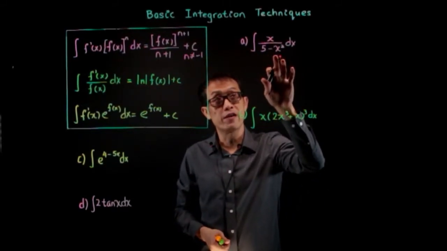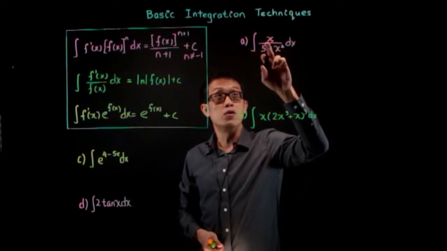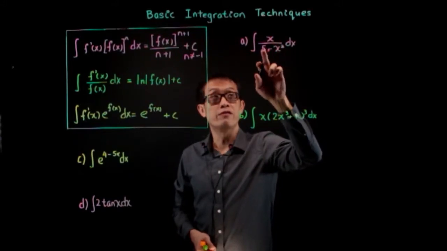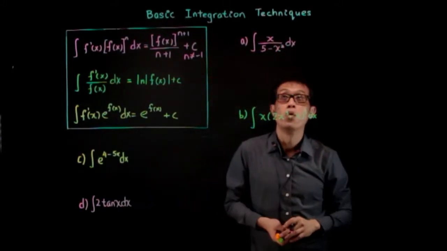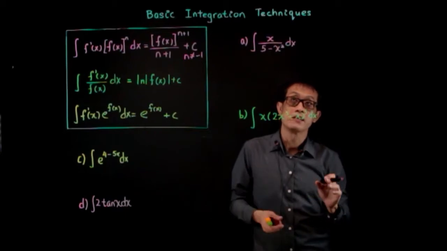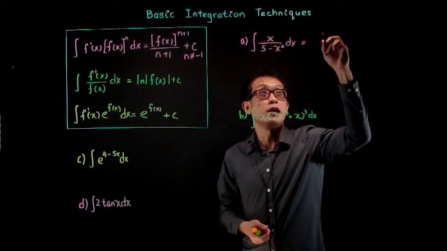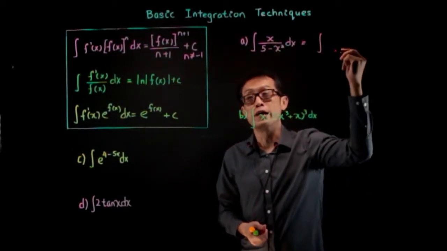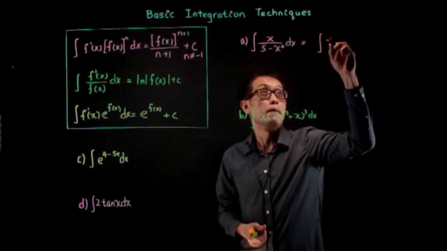If f of x is 5 minus x squared, is the numerator the differential of 5 minus x squared? No. But we can adjust it. Perhaps we can multiply the numerator by minus 2.